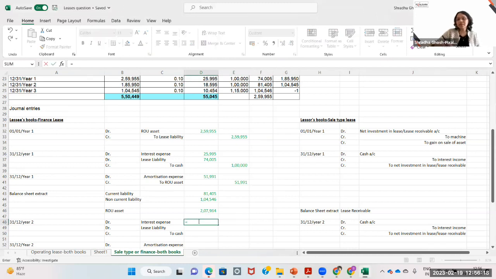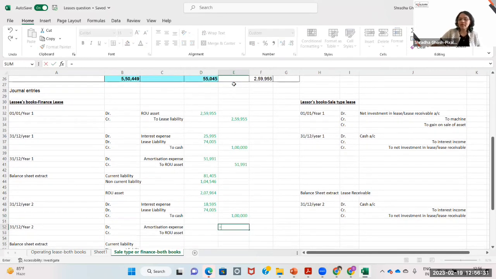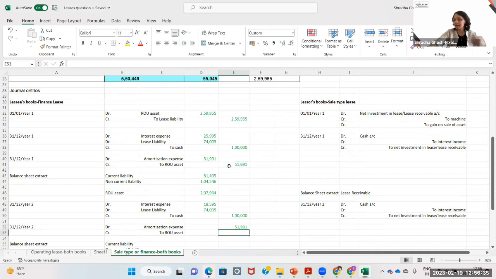Now see, the next one becomes easy right now, okay? Now there's no problem. The next year again, I'm going to book the interest element. I'm going to book the principal element for the lease liability reduction. I'm going to book the entire amount of payment that I'm going to make. I'm going to amortize it exactly the way I did earlier. Amortization is straight line, okay?